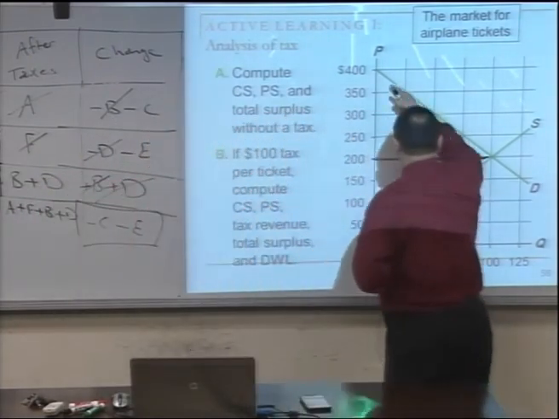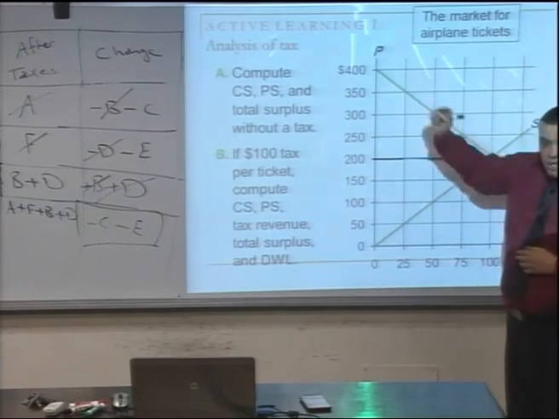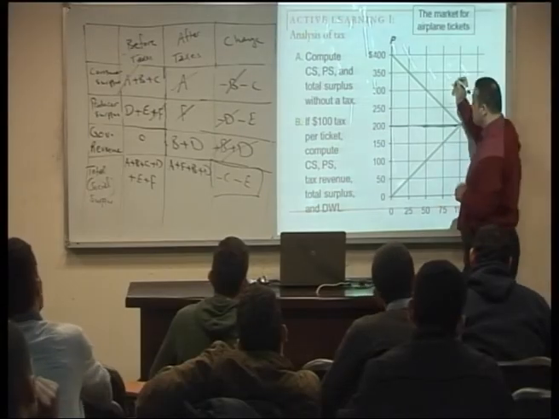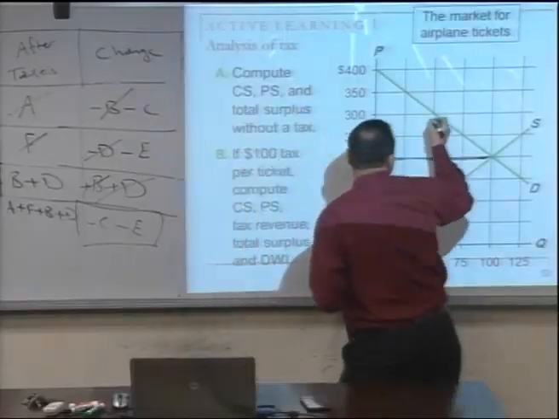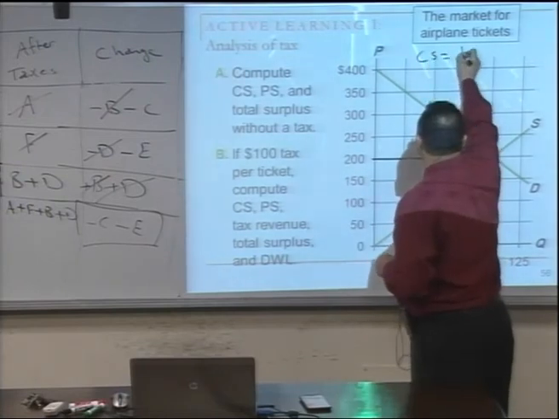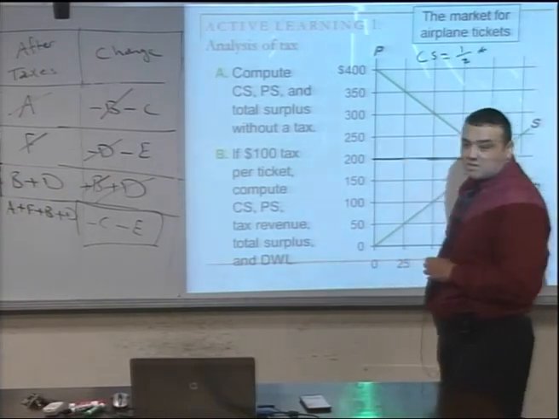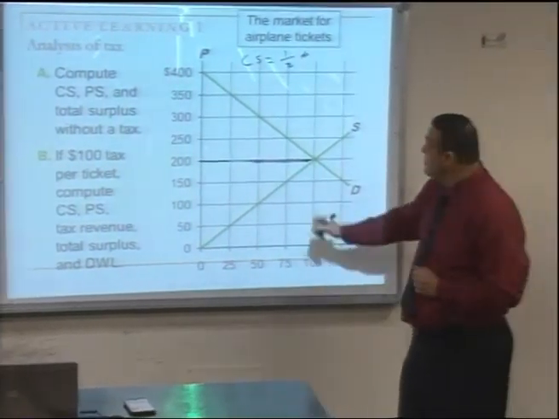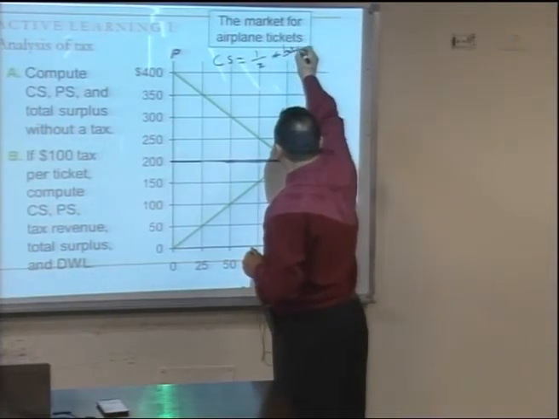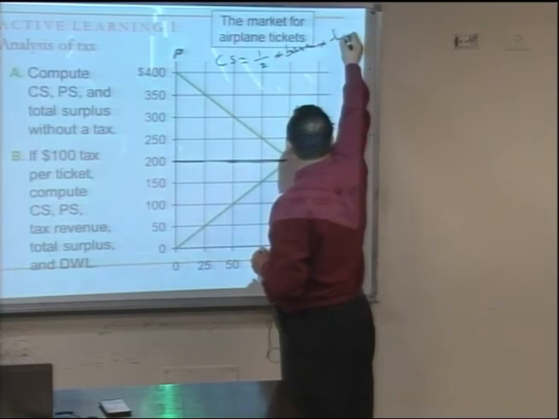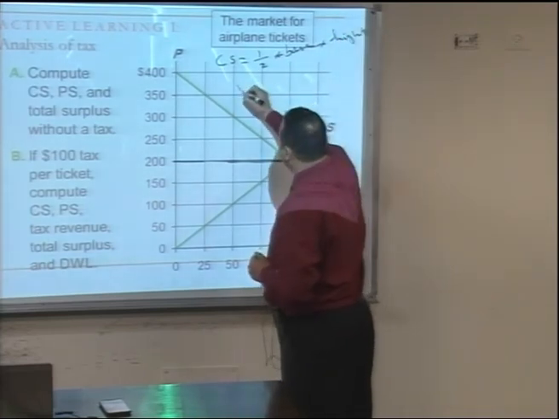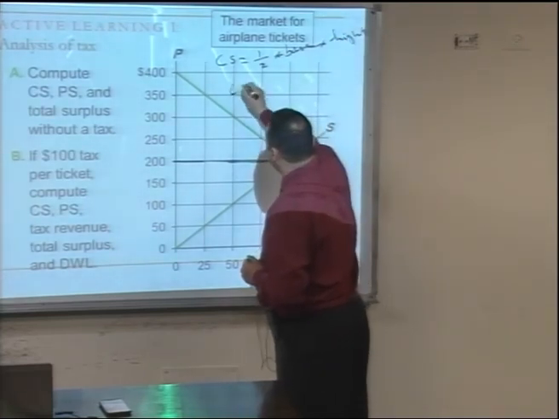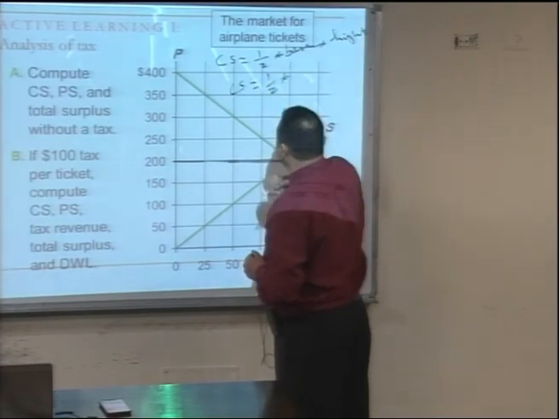It can be represented by this triangle, okay? Which is the consumer surplus equals half times base times height. So the consumer surplus equals half times base.